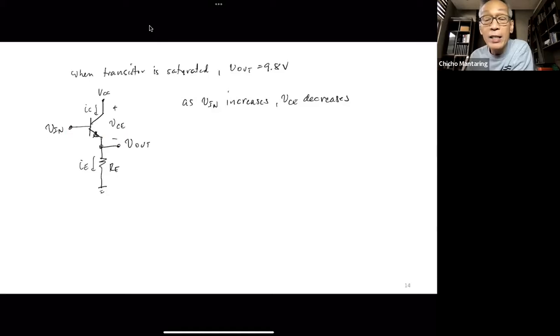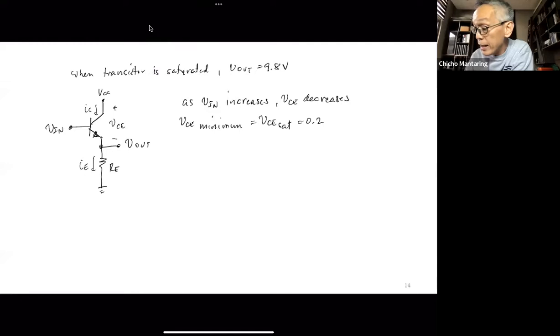But what is the minimum possible value of VCE? VCE minimum will be VCE SAT, right? Your VCE, the voltage from collector to emitter, cannot be smaller than VCE SAT, which is equal to 0.2.